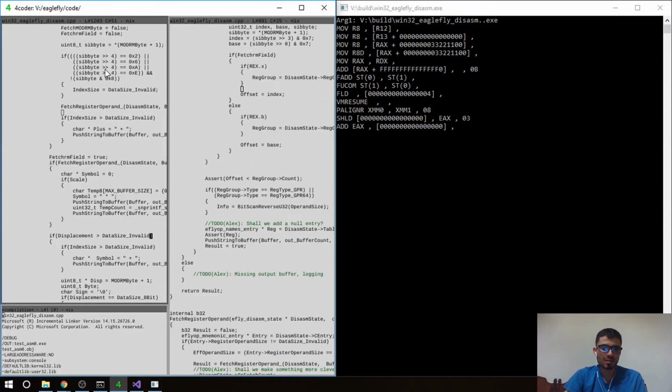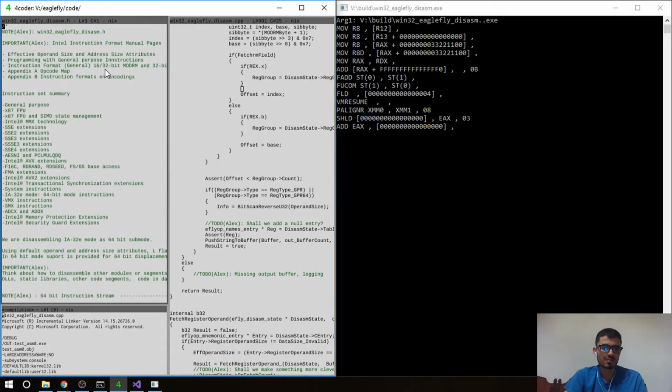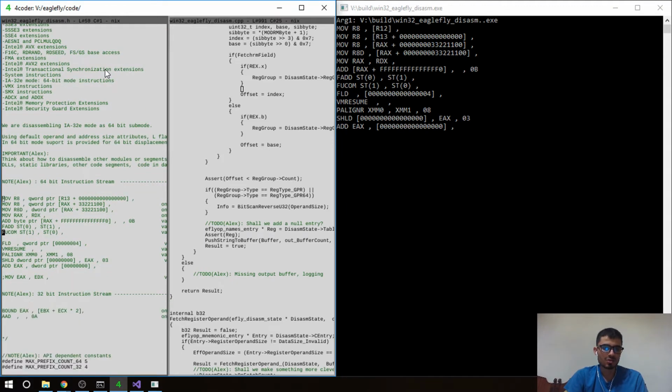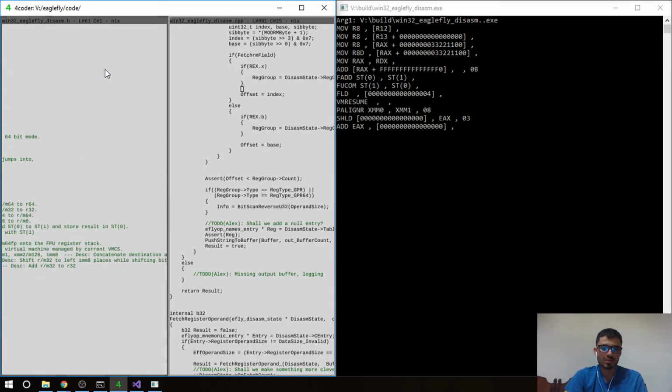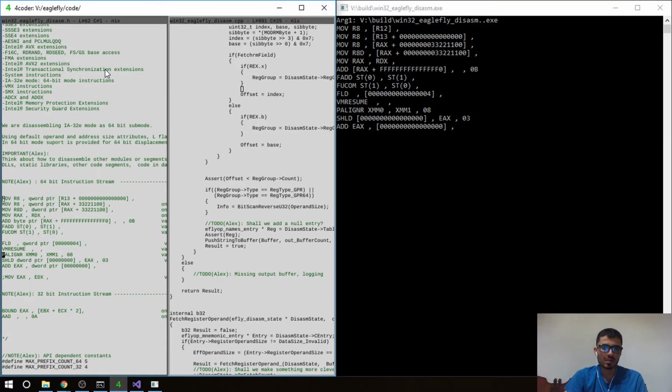Let me match it with the disassembly, which is R13, REX, RAD, REX, REX, RDX, REX, FAT, FUCOM, FLD, VM resume, PLNR, shield, add AX, door pointer, 000, move AX, EDX, okay.